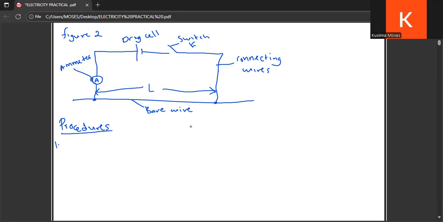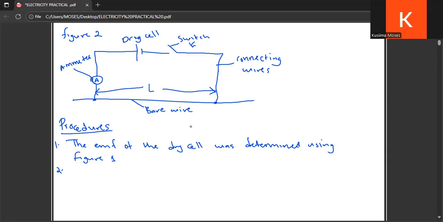The EMF of the dry cell was determined using figure one. So we come up with our EMF, E.